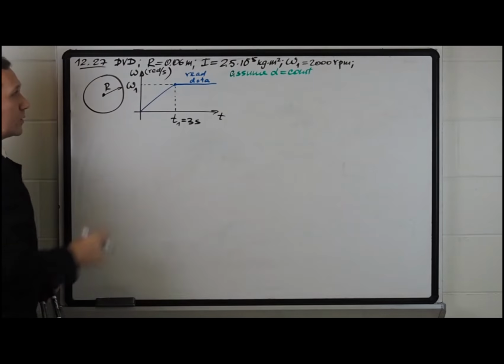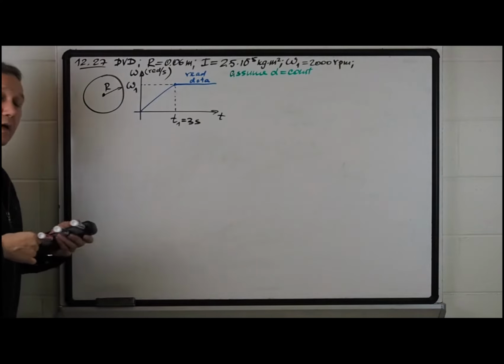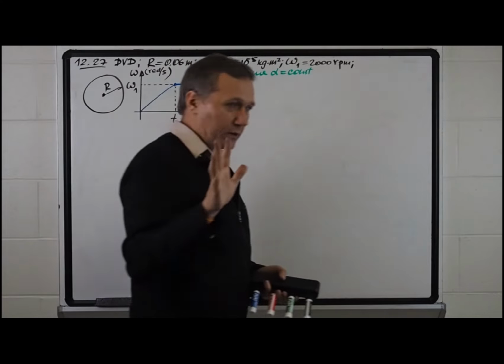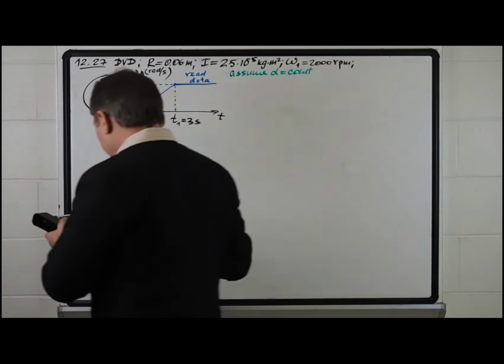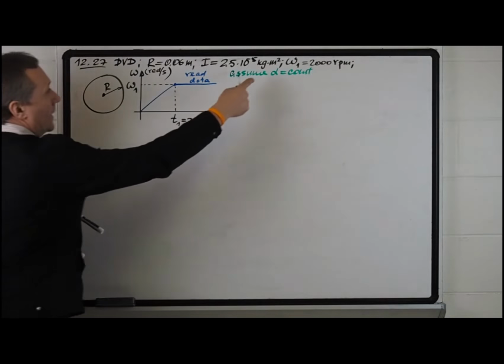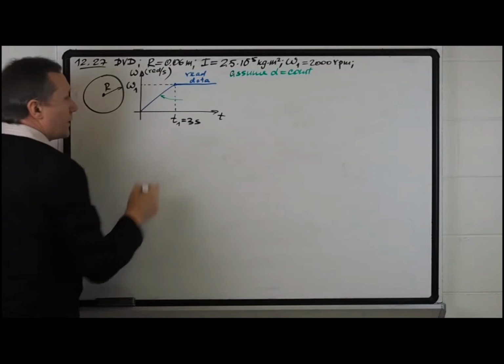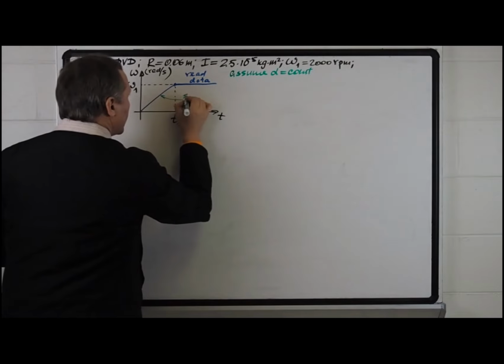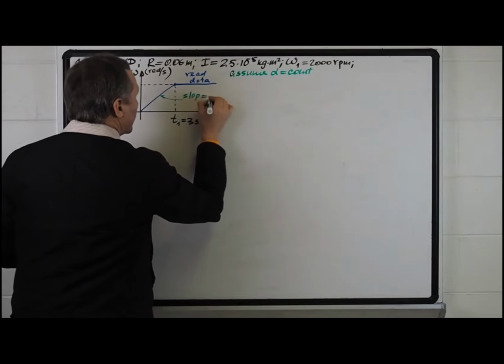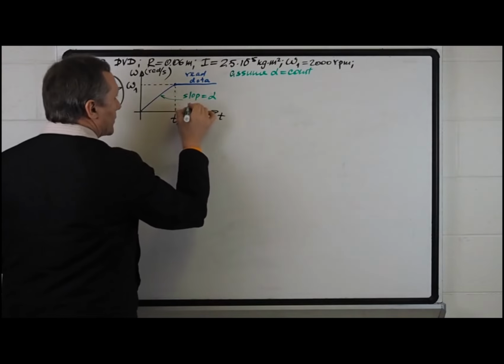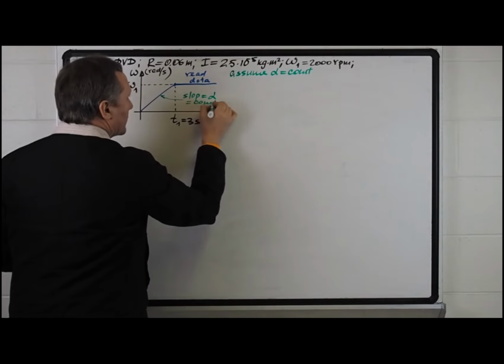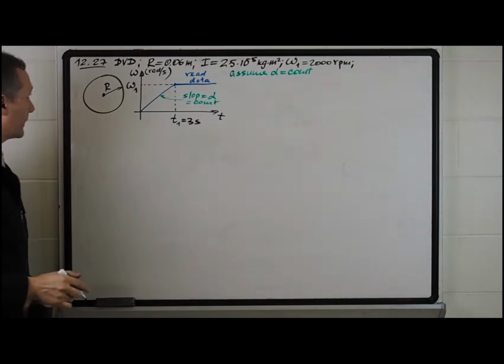So that is our operating angular velocity. Then, this angular acceleration, of course, is the slope of this curve. Slope equals alpha. And it is constant, as I just told you.